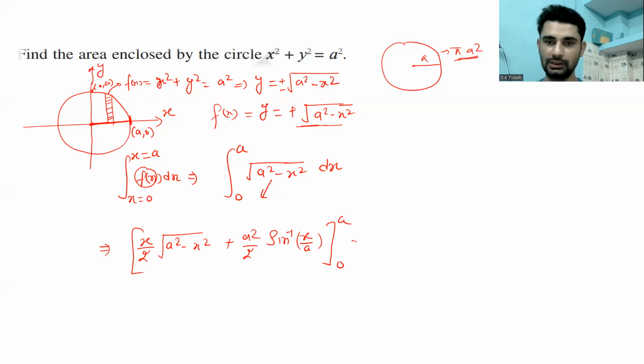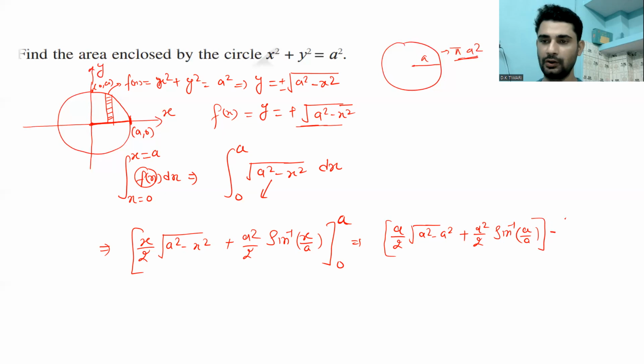When we put the upper limit, x equal to a, so a by 2 under root a square minus a square, so a square minus a square, plus a square by 2 sine inverse a upon a. This is the upper limit.